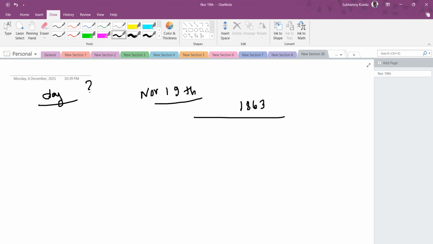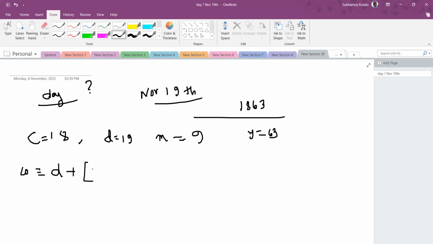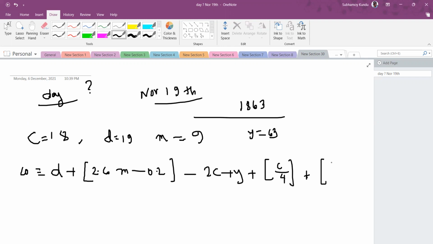According to this formula, c is 18, d is 19, m is 9, and y is 63. So this is nothing but d plus 2.6m minus 0.2 minus 2c plus y plus c by 4 plus y by 4 mod 7.